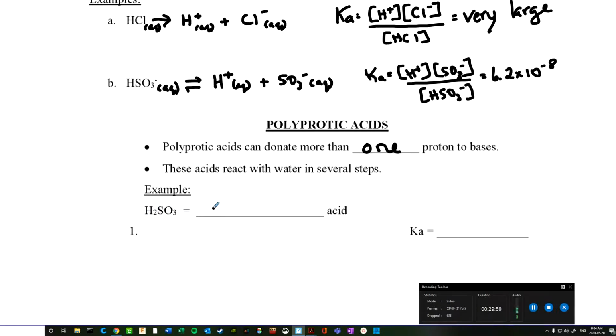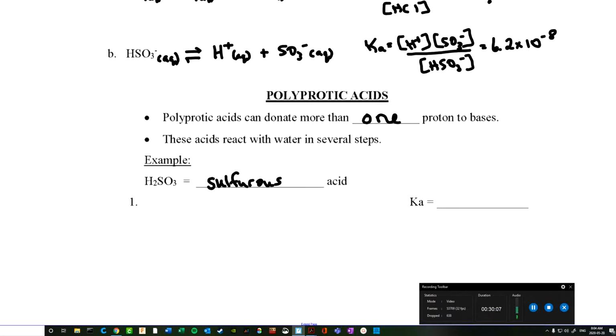So this is sulfurous acid. Okay, so let's look at the 2 steps. So first of all, we start with H2SO3. This is not a strong acid, so we're just going to use the double arrow. So it's going to break up into one, always just do 1 hydrogen ion at a time.